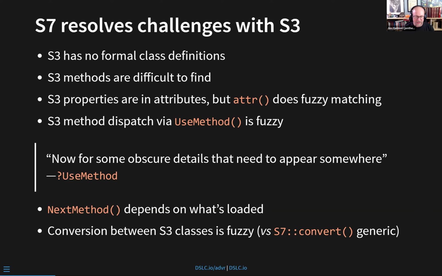He talks a little bit in this vignette that I used for this that UseMethod can be confusing to figure out exactly what is going to happen, and actually NextMethod is even worse. But in the help docs for UseMethod, it has a section that starts with "now for some obscure details that need to appear somewhere."